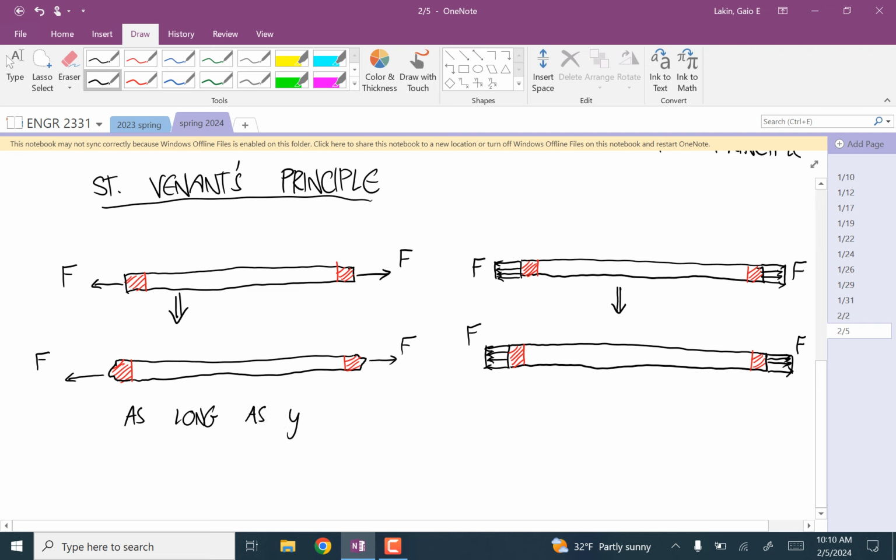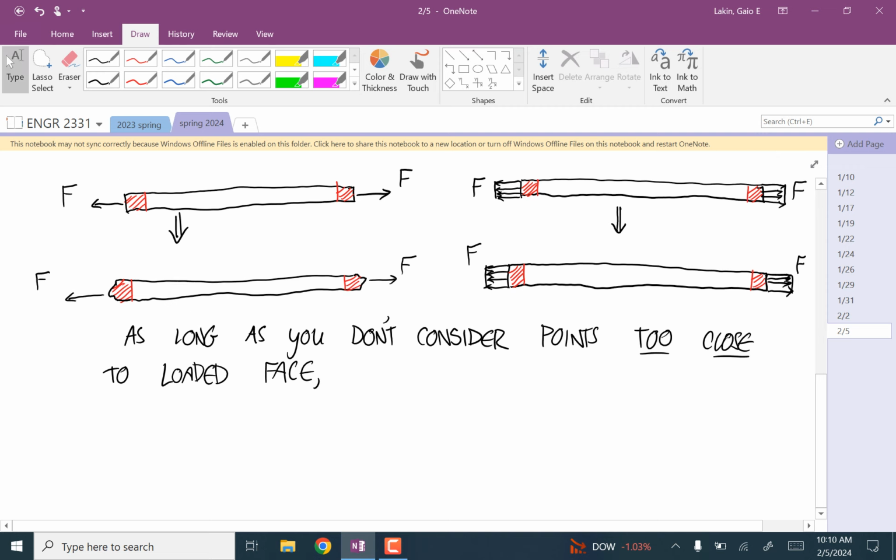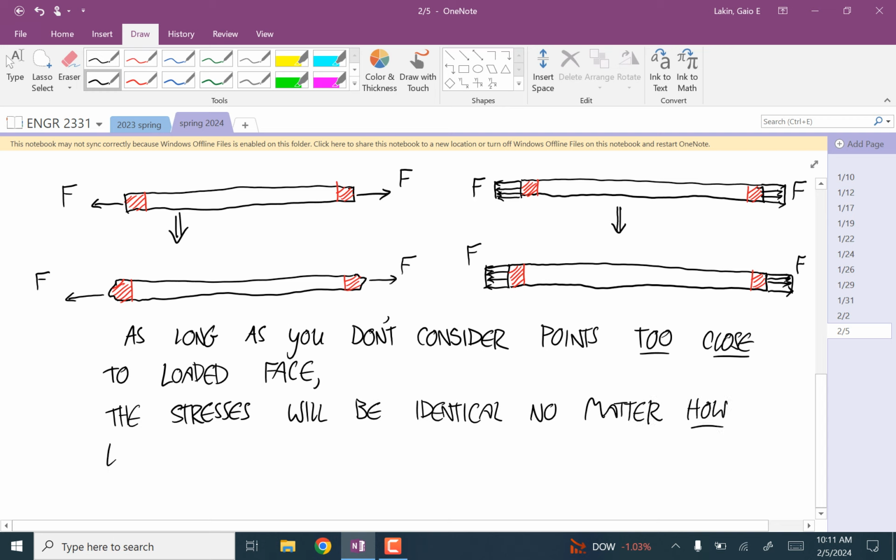As long as you don't consider points too close to the loaded face, the stresses will be identical no matter how those loads are applied.